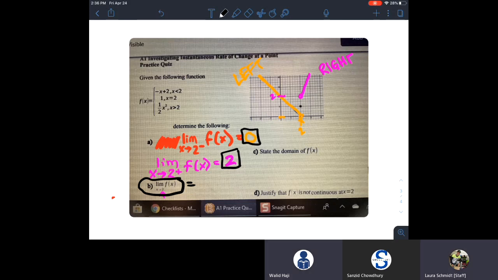Yeah, you would think, but no. It actually doesn't exist. And what's that dot on the graph? It is a value at 1, but it's not the limit. It's just when x is equal to 2, then your y value equals 1.